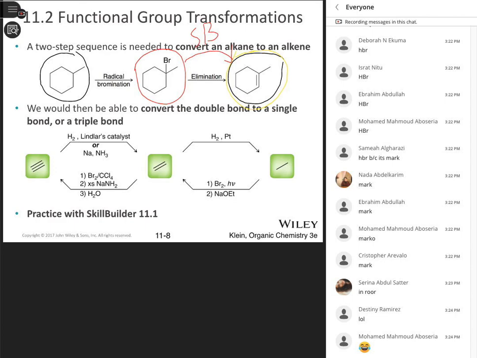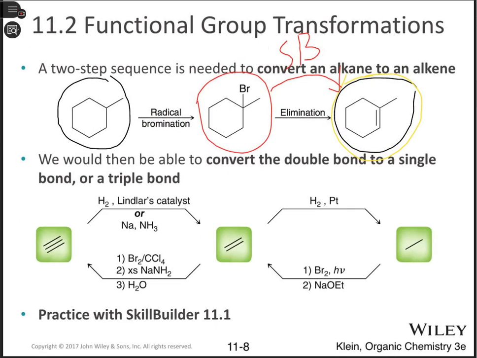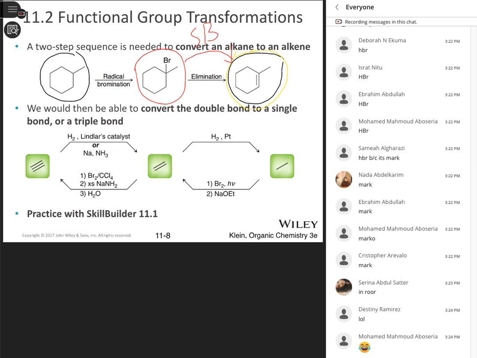Now, from an alkane to a bromoalkane, and that was chapter 10, by the way, I explained to you. It's a free radical reaction. You add Br2 with light. And the bromine will add to the alkane at the place where we can form the most stable free radical.